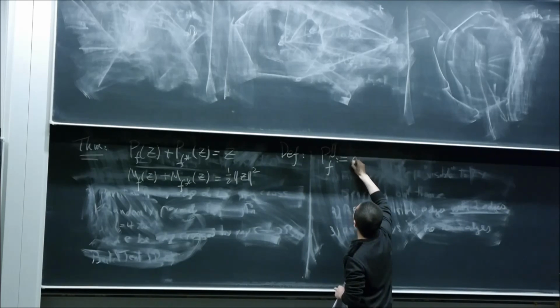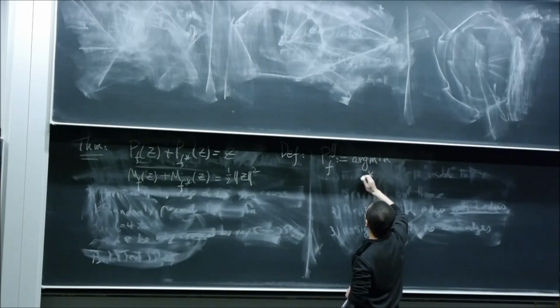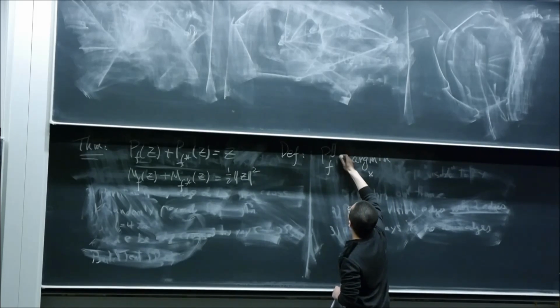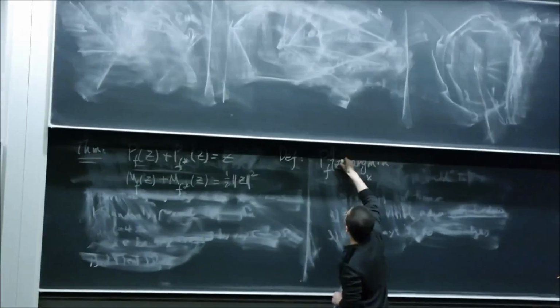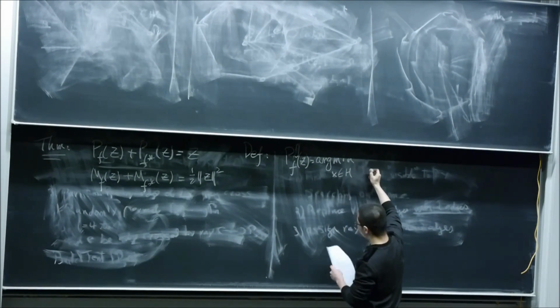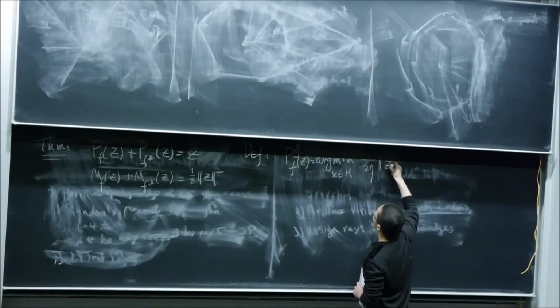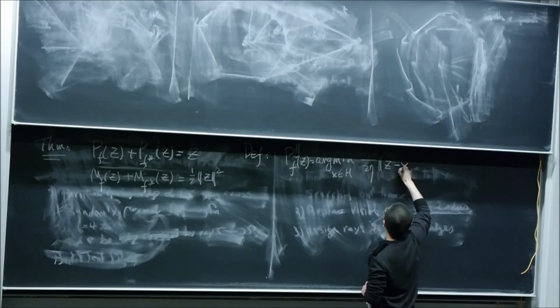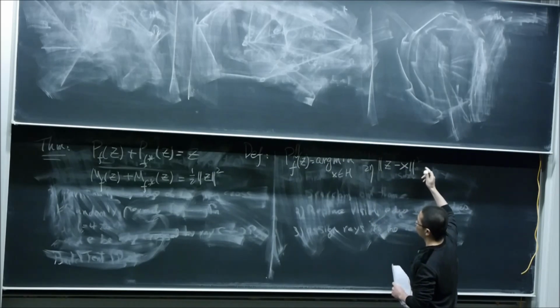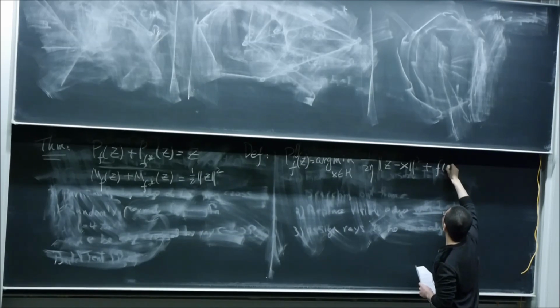It's defined as the minimizer over x in the Hilbert space of 1/2 eta times the norm of z minus x, again a Hilbertian norm, plus f of x.